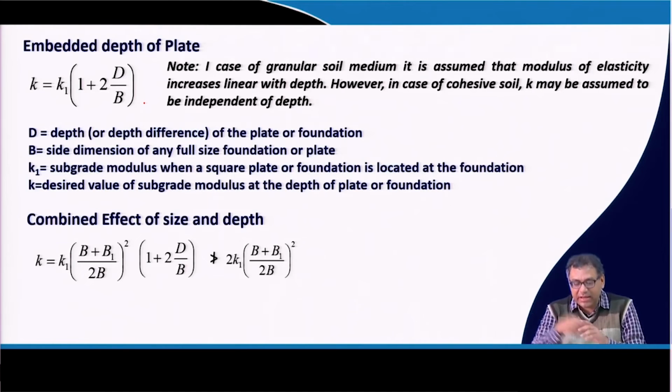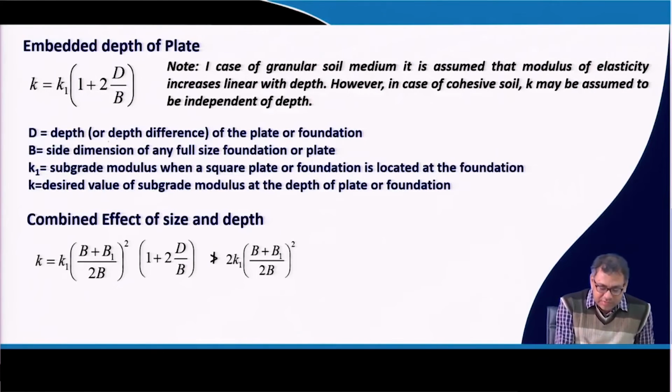So, that is why K has a very important effect with respect to depth for granular soil. That means, for clay soil, depth correction is not required, but for cohesionless soil, this depth correction is required. So, K may be assumed to be independent of depth; it is mentioned for the cohesive soil.